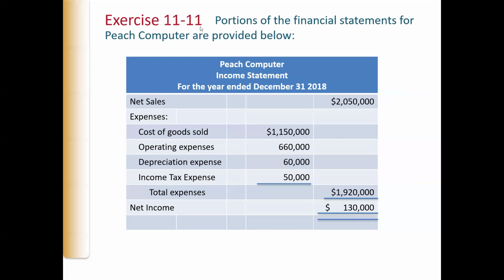So here is exercise 11-11. Portions of the financial statements for Peach Computer are provided below. We see here net income of $130,000.